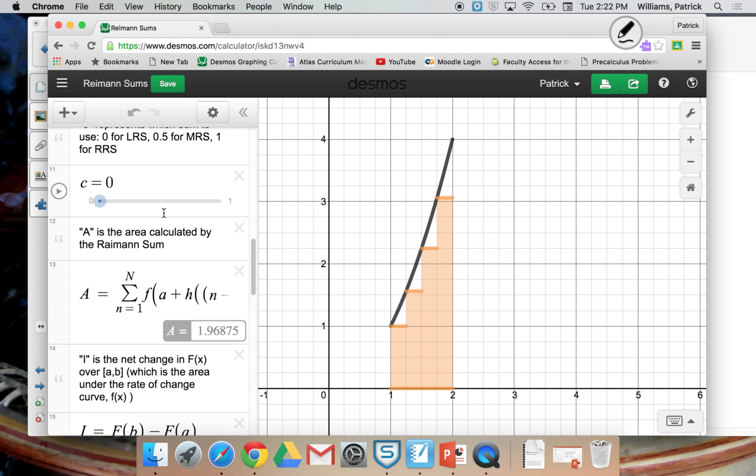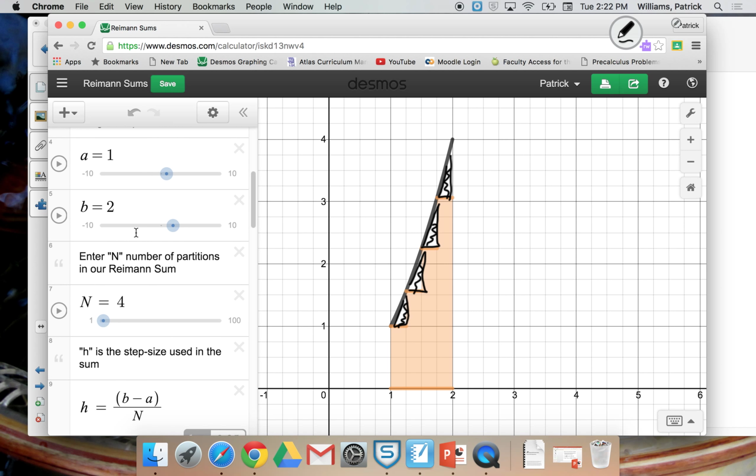It turns out this is an under approximation because if we look right here, we have all these white regions that are basically area that we are not accounting for. That is actual area under that curve. We would have one right here too. So in this case, a left Riemann sum is actually providing us with an under approximation because we're not including that area that I just showed in the squiggles.